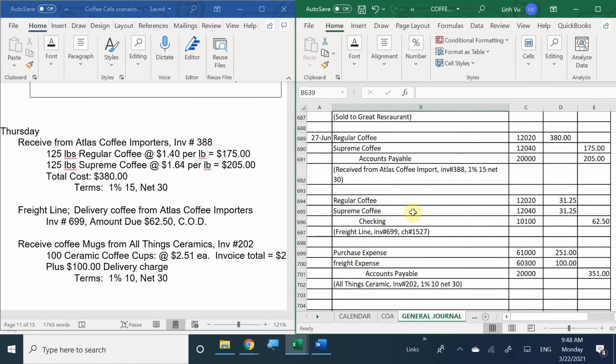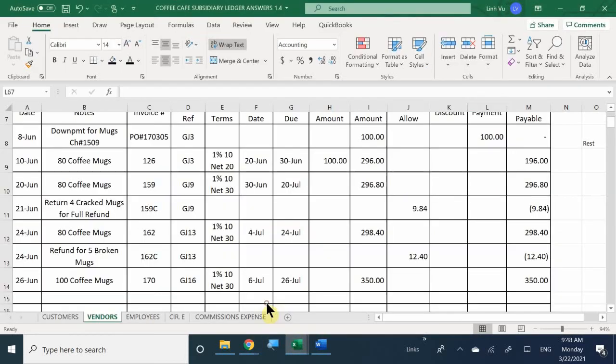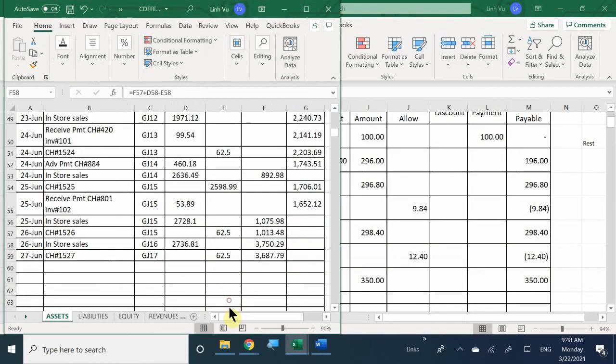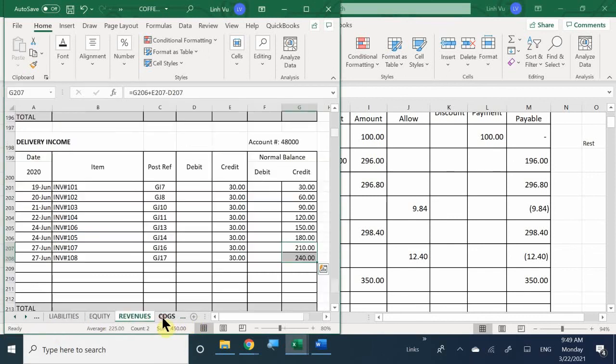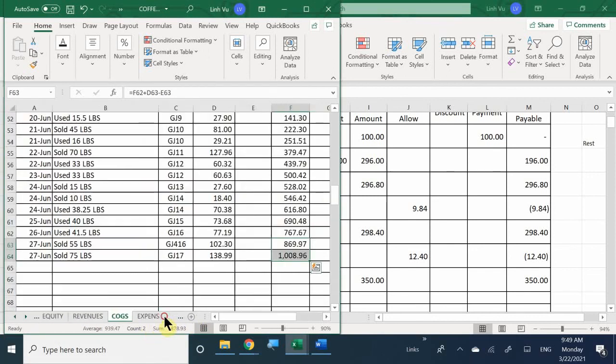All right, so where do we go first? Ledger. Okay, ledger. So first we're going to do purchase expense. So we're going to find that in our operating expenses.